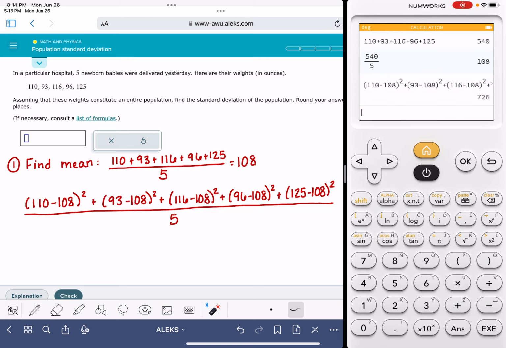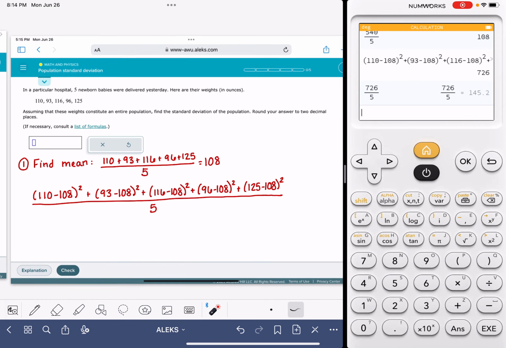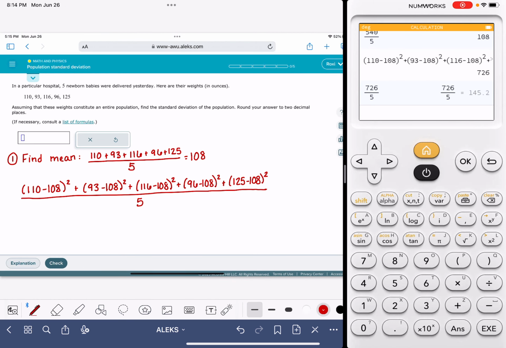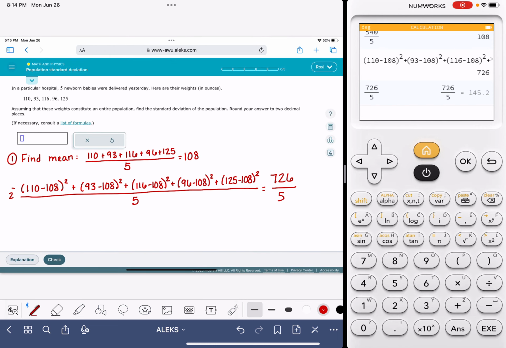So there's all of those, and I need to divide that by 5. That gives me, well, I'm going to put it in fraction form, 726 over 5. Now, the last step in this, so I guess I should say that's step number 2.